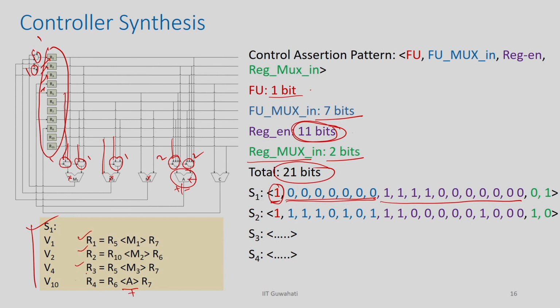R1, R2, R3, R4. So, you put enable 1 for these 4 and the rest will be 0. That is what I have done. So, in the first control step only R1, R2, R3 and R4 data will be updated and the rest of the registers will not be updated here.